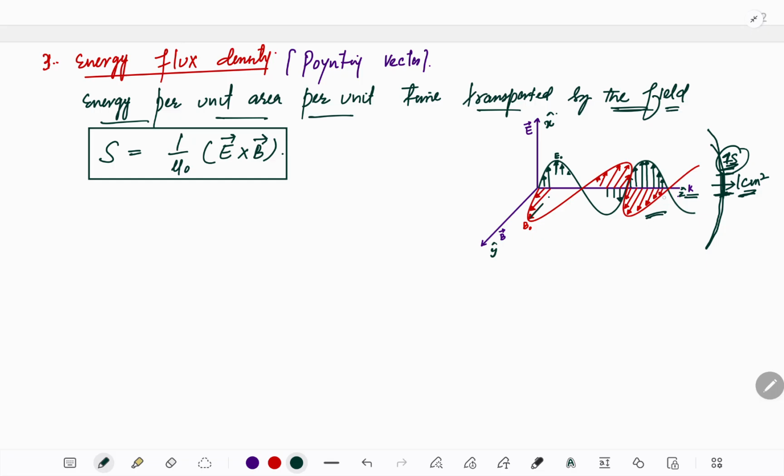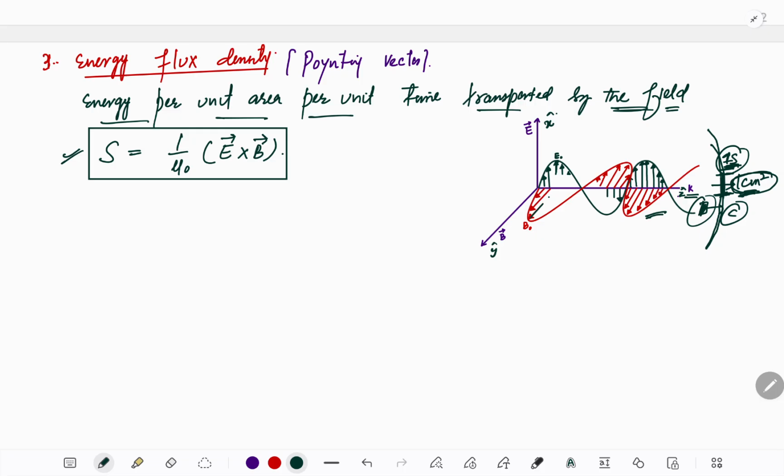If that energy per unit volume U is moving with the speed of light C, then S must be connected with C times U. If I am measuring through the 1 centimeter square area in 1 second, it must be connected with C and U, and we'll see the relation. We'll prove that relation probably in this video. Hopefully this video doesn't get too lengthy, but this is the physical meaning of the Poynting vector.